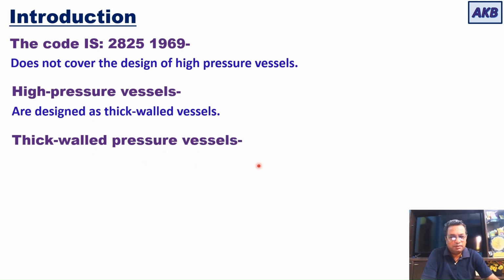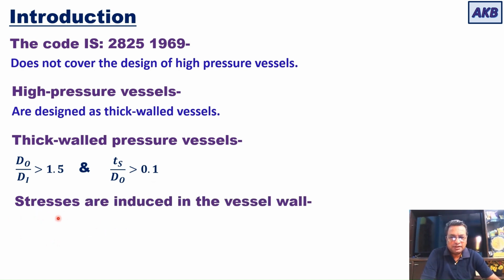For thick walled pressure vessels, the ratio of outer diameter to inner diameter is greater than 1.5, and the thickness ratio is greater than or equal to 0.1.